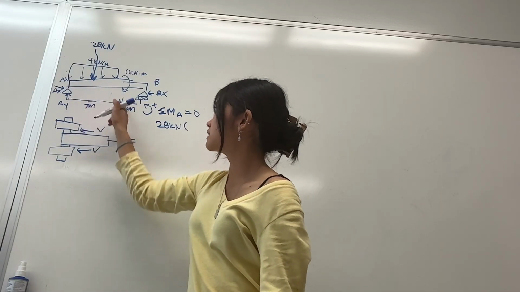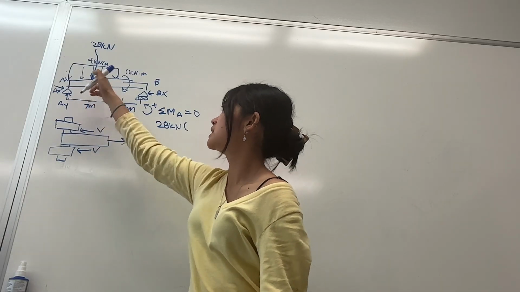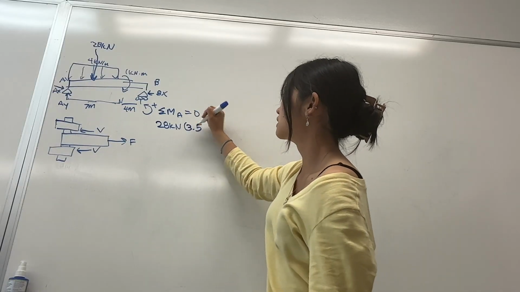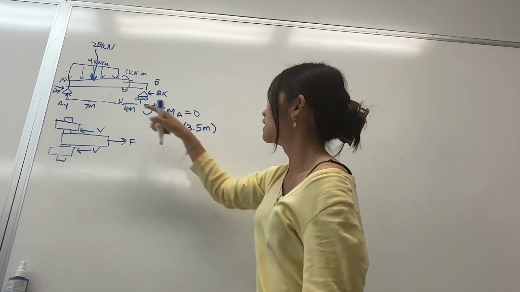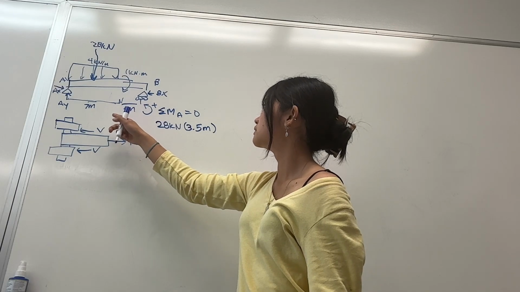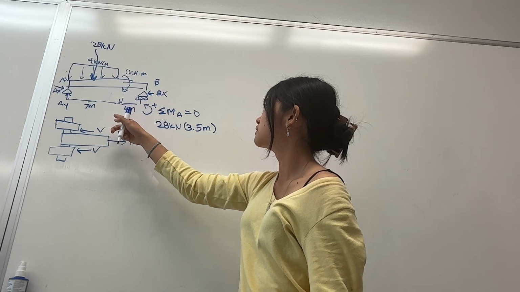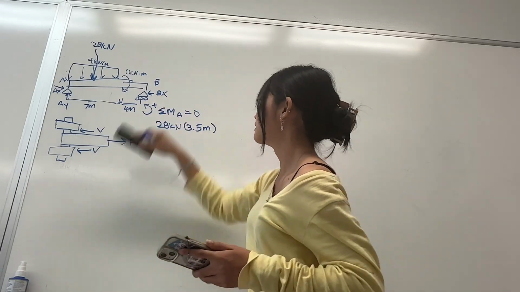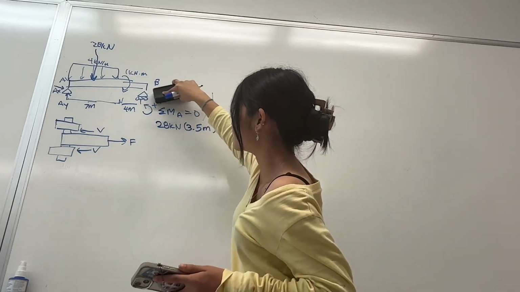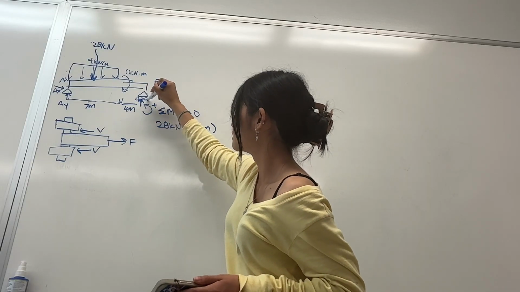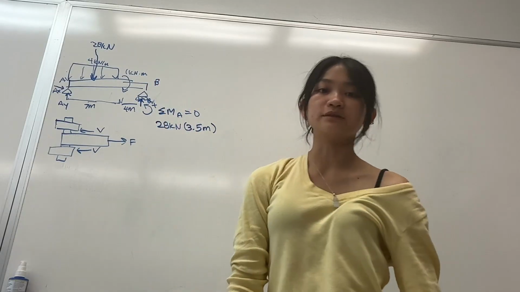And because this entire distributed force is 7 meters, we need half of that, right? So that is 3.5 meters. And then we have, oh, that is so my bad. We don't have this force right here. It is By. Sorry, that was confusing.